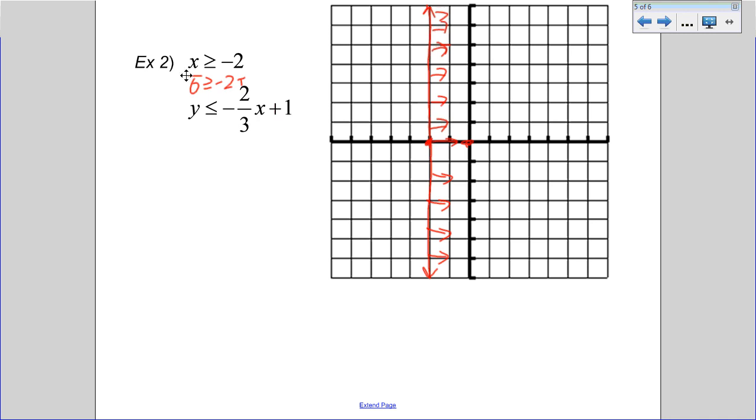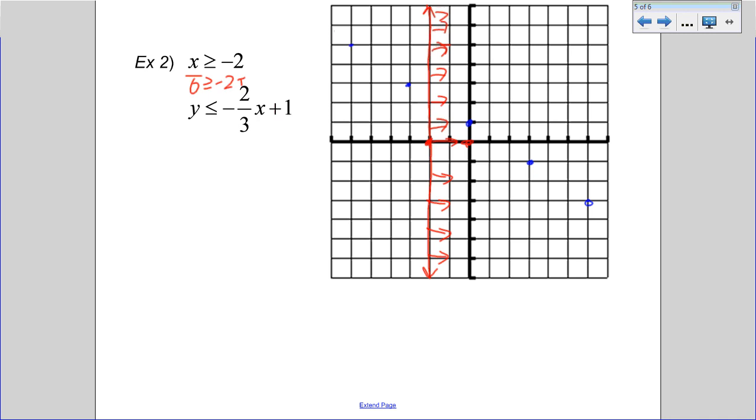All right, let's take a look at this problem. y is less than or equal to -2/3 x plus 1. So we're going to start at 1, and we're going to go down 2 over 3, down 2 over 3. We go up 2 over 3, and it doesn't matter that I didn't hit the line exactly.